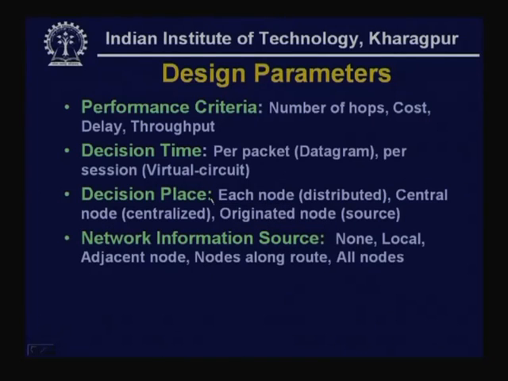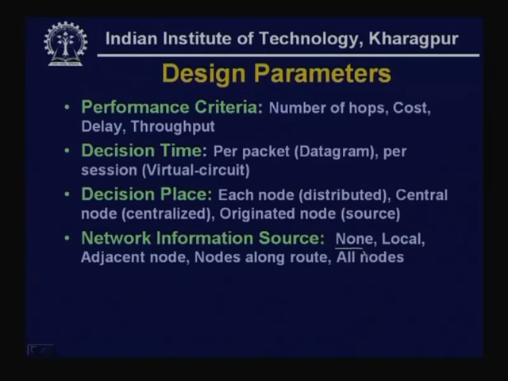Fourth important design parameter is network information source. Now, you will see there exist algorithms for routing which do not make use of any information, neither the topology nor the offered load nor the cost in different paths. So, it does not use anything. So, in that case we call it none.